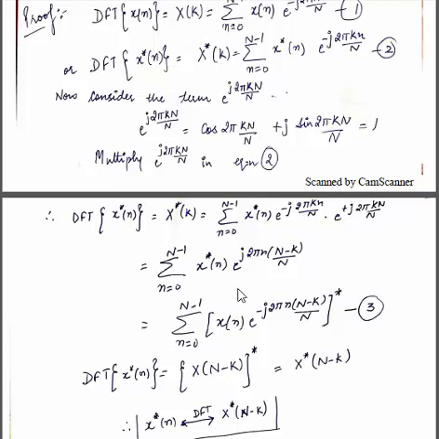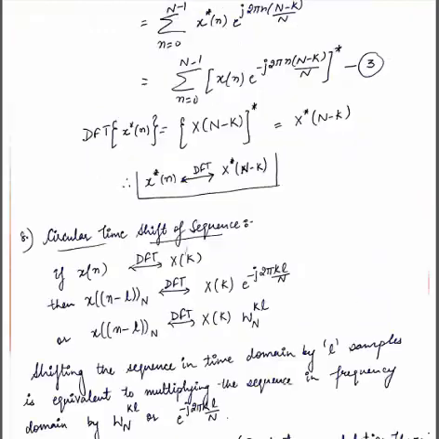Now this is the formula of X of N minus k. Therefore DFT of x conjugate n is equal to X of N minus k conjugate, that is equal to X conjugate N minus k. Hence proved, DFT of x conjugate n is equal to X conjugate N minus k. That is the complex conjugate property of DFT.